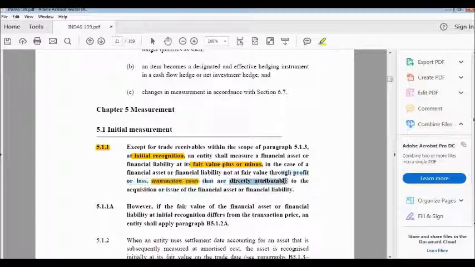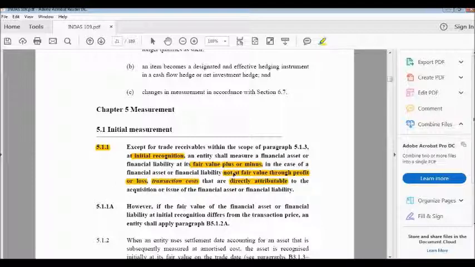So first you have to calculate the fair value and then add or minus the transaction costs that are directly attributable to the acquisition or issue of the financial asset or financial liability. But you don't need to add or minus the transaction cost in case of a financial asset or liability which is at fair value through profit or loss.